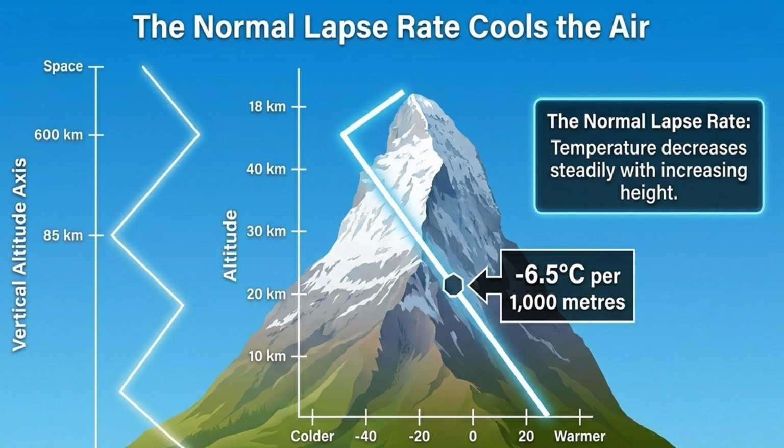This is why we generally experience colder temperatures at higher elevation. For example, mountainous regions are usually cooler than nearby lowland areas. So we can say that the normal lapse rate is one of the most important temperature characteristics of the troposphere.